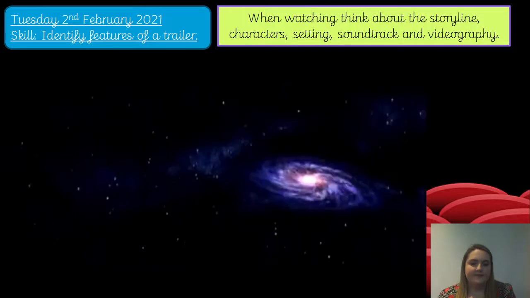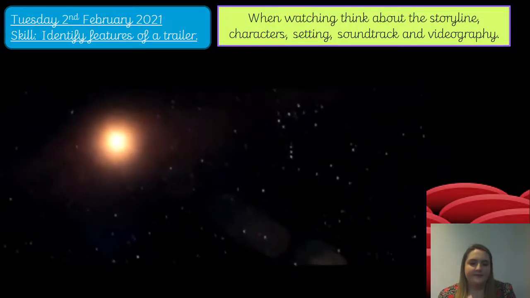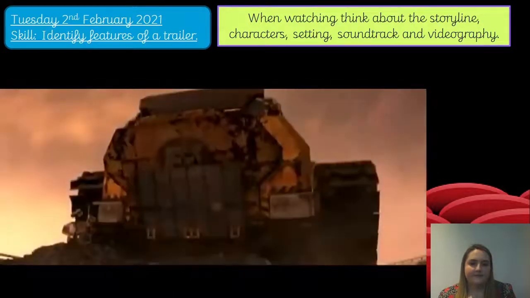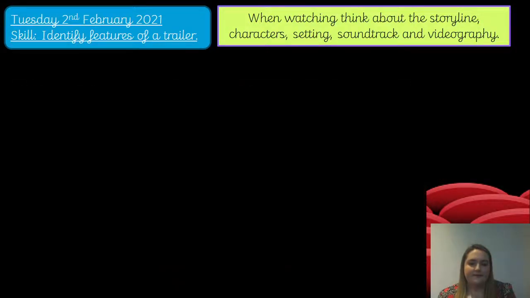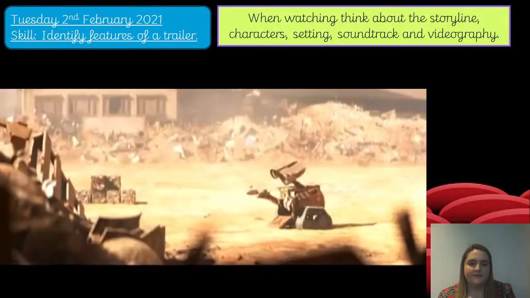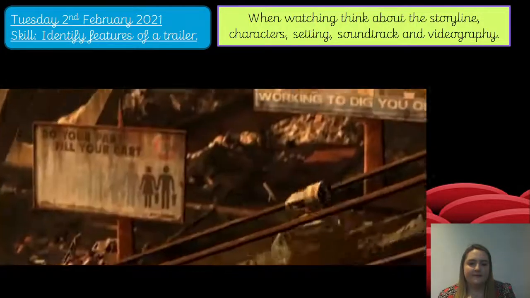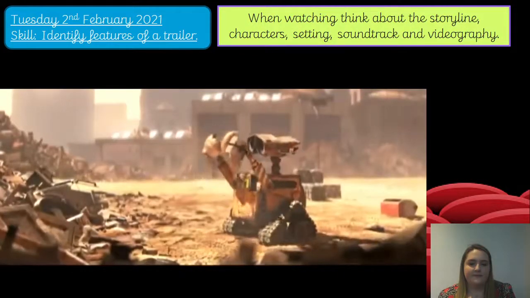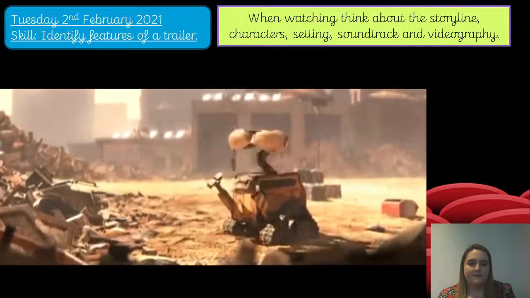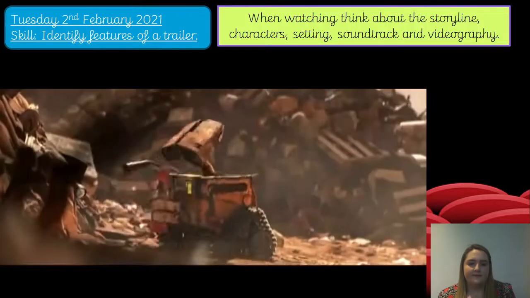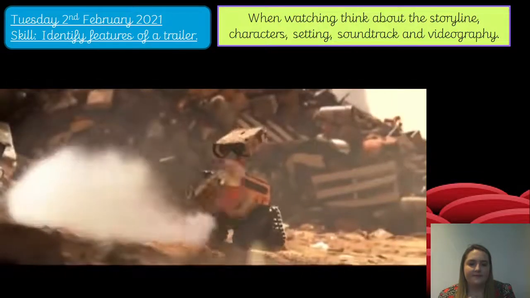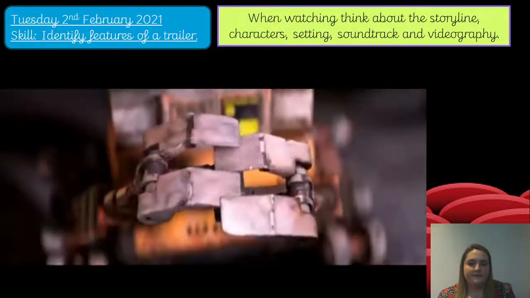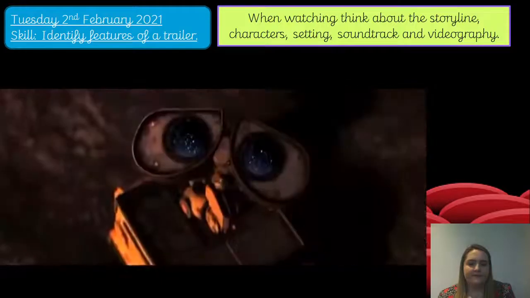700 years into the future, mankind will leave our planet, leaving Earth's cleanup in the hands of one incredible machine. His name is Wall-E. After all these years, he's developed one little glitch. A personality. He's extremely curious. And just a little bit lonely. But all that is about to change.